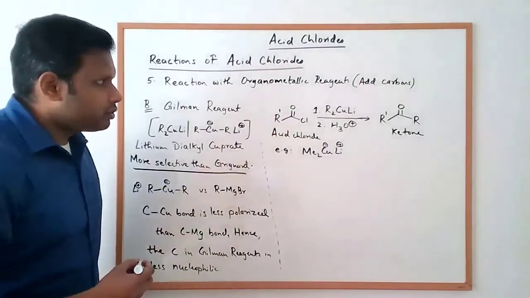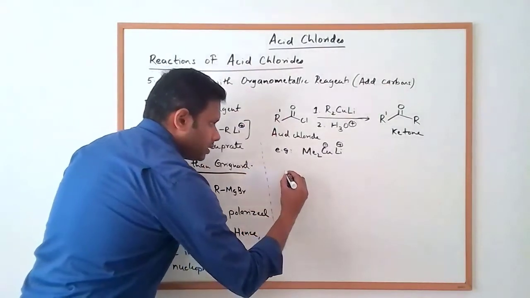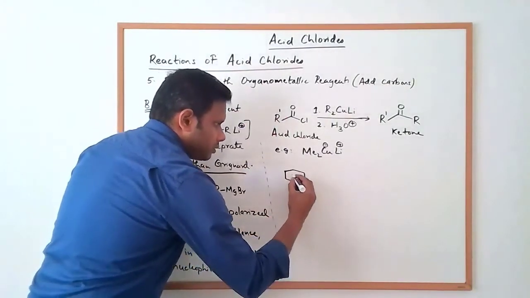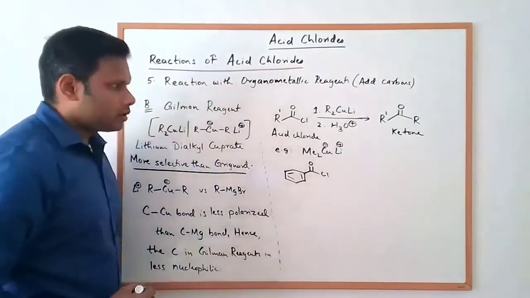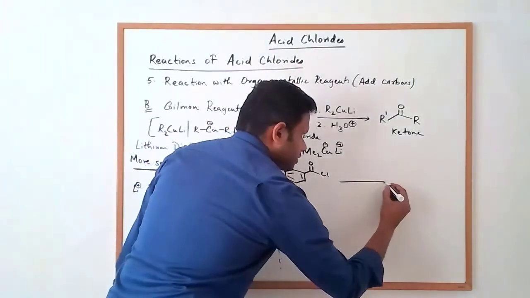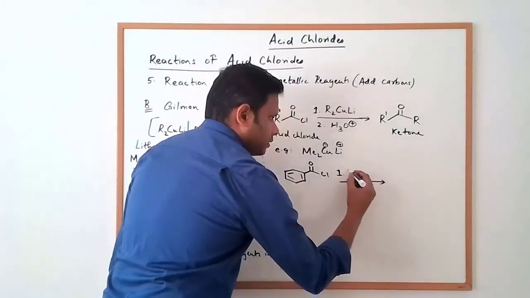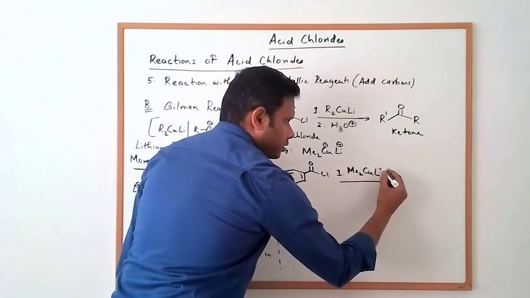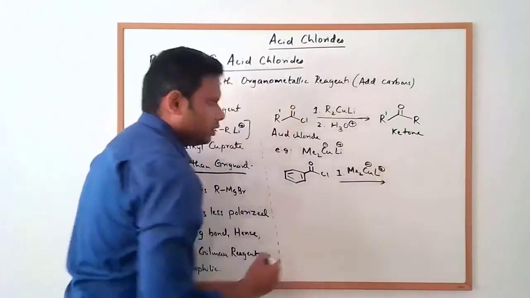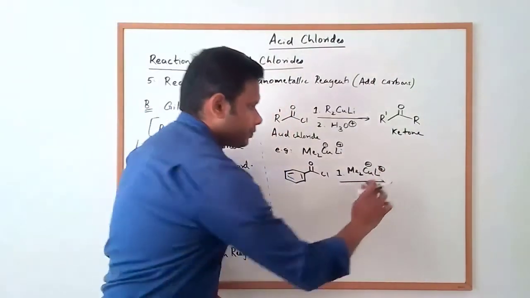So as an example for the Gilman reagent, we can write benzoyl chloride reacting with lithium dimethyl cuprate.